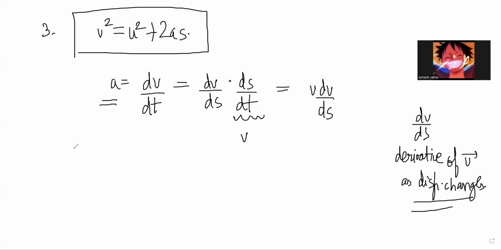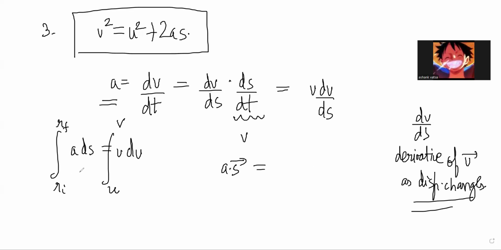You can write a ds is equal to v dv and integrate this from initial to final displacement and initial u to final v, right? Yes, sir. So on the left hand side, you're getting a times rf minus ri, which is total displacement vector, right?